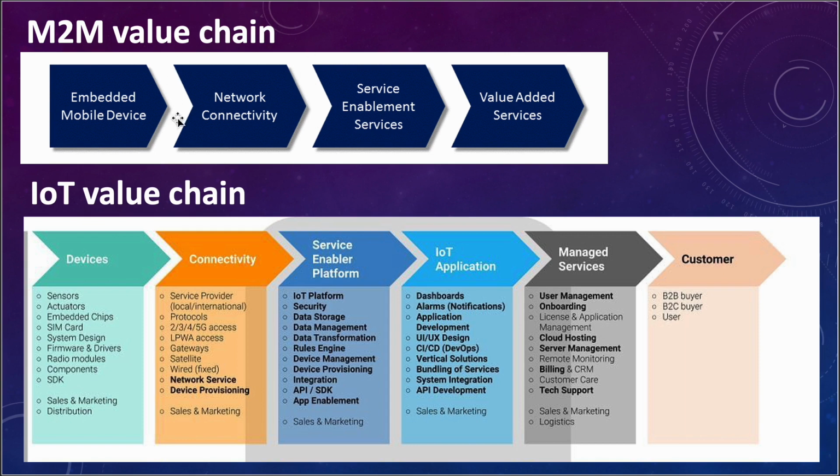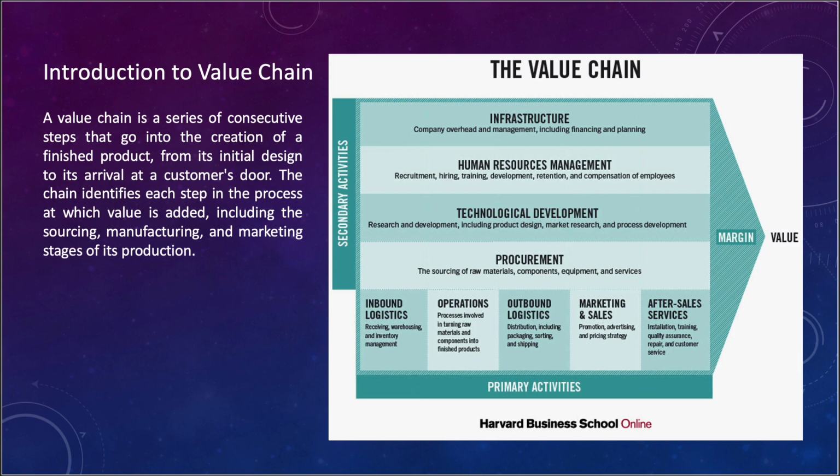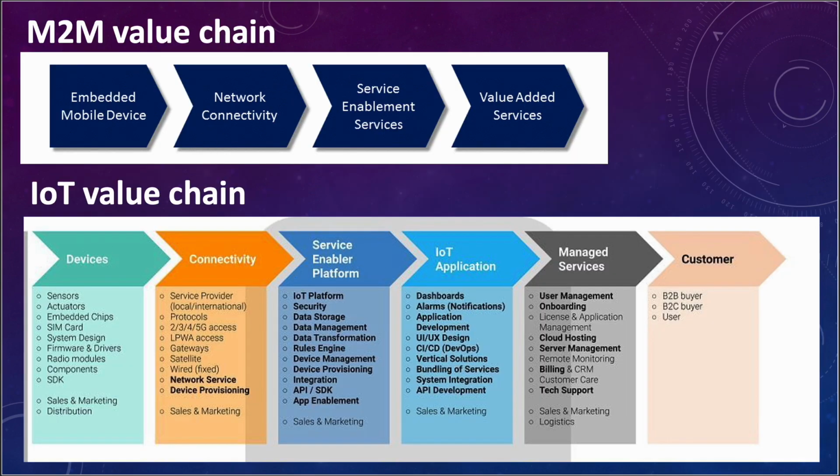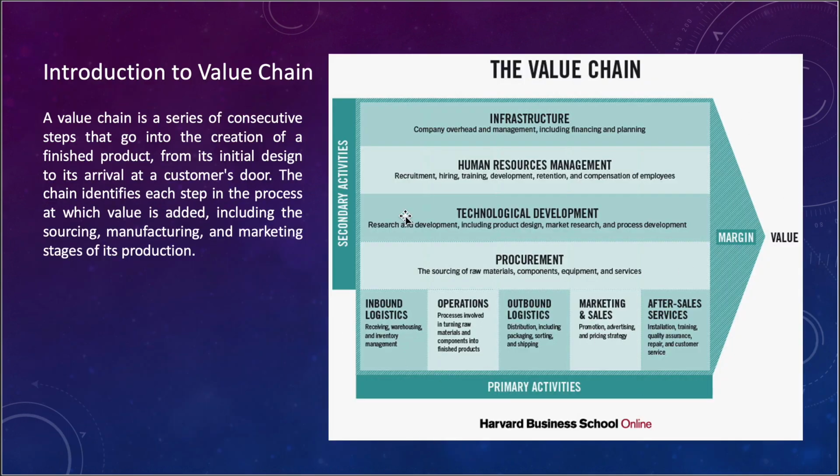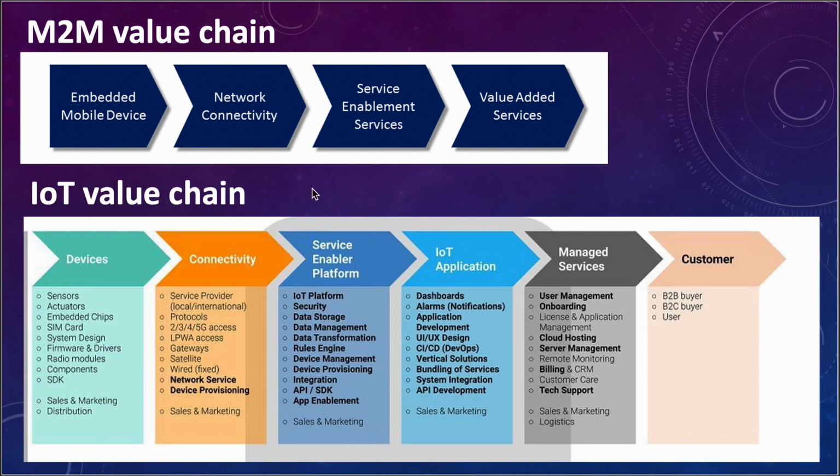A company could just concentrate on one single link of this value chain, and internally that company would have a value chain of its own to give the end product of network connectivity, right? In that sort of way, there are different ways that we can define the value chain. But okay, let's start from the M to M value chain.